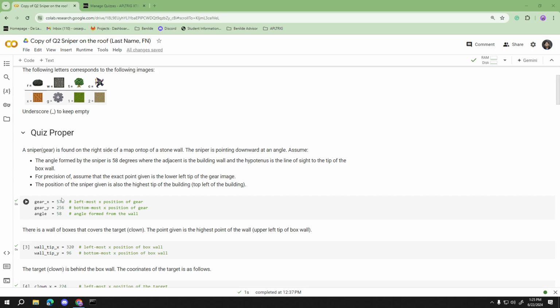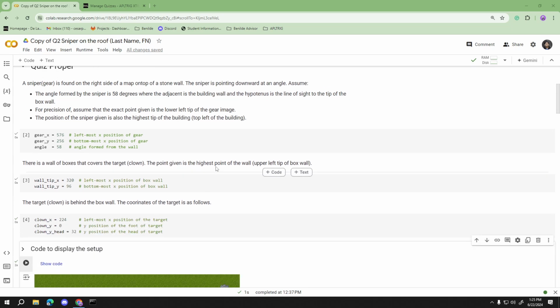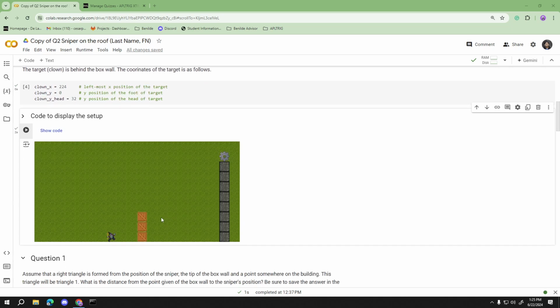We have gear X, which is 576, gear Y, 256, and then we have the angle. There's a wall of boxes that covers the target. The point given is the highest point of the wall, so we have the wall tip X here and the wall tip Y here.